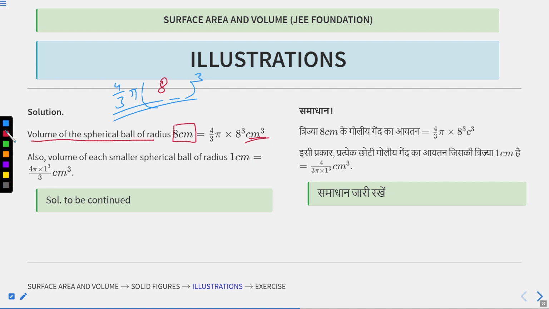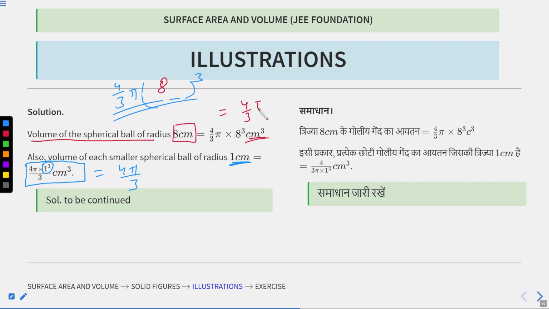Now for the smaller piece, I'll use the radius as 1 centimeter. So the volume for the small sphere, the blue ball, is 4/3 pi r cube. R is 1, so 1 cube is 1. So this is 4 pi by 3.